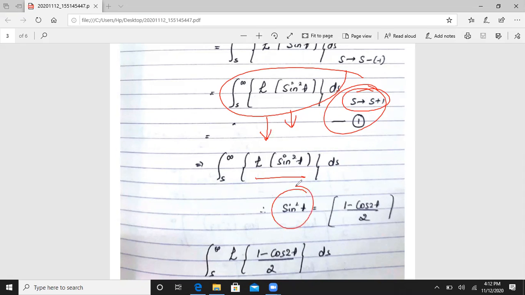We solved this in the last properties: instead of writing sin square t, we write 1 minus cos 2t by 2. So here, the integration over s to infinity of the Laplace transformation of 1 minus cos 2t divided by 2 into ds.